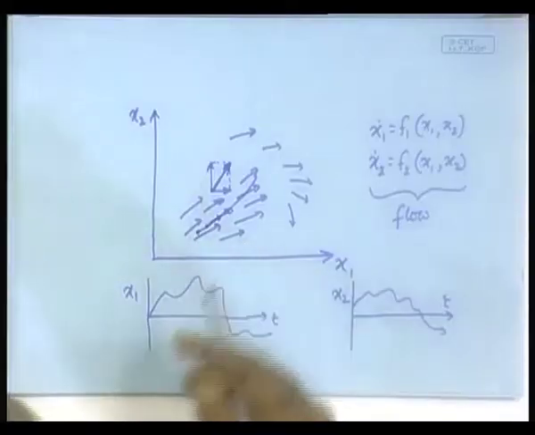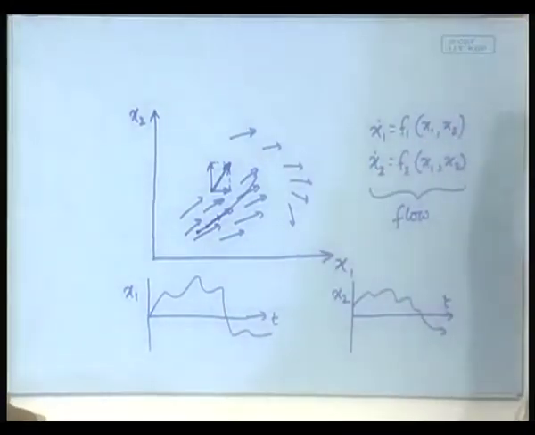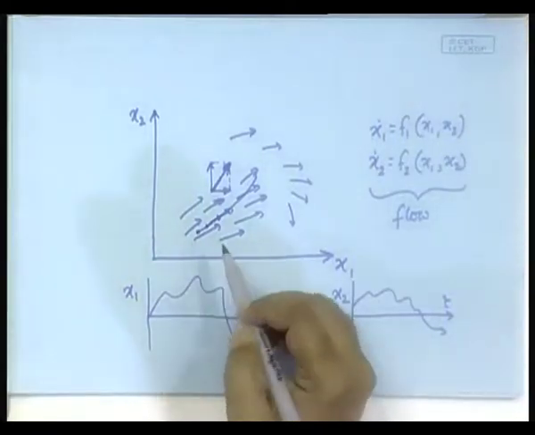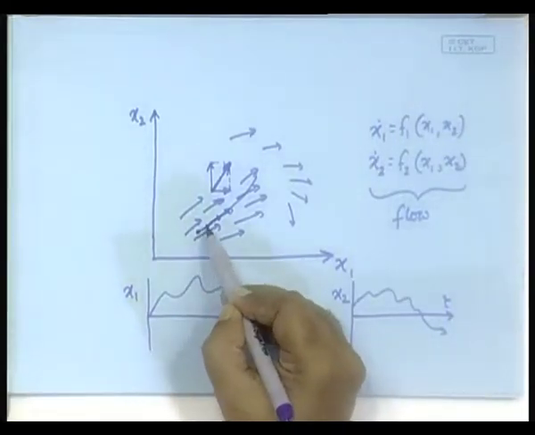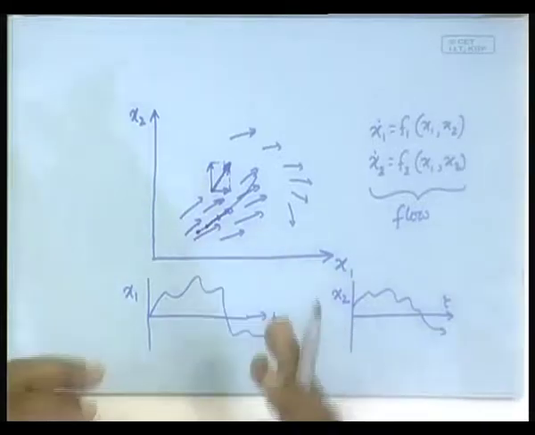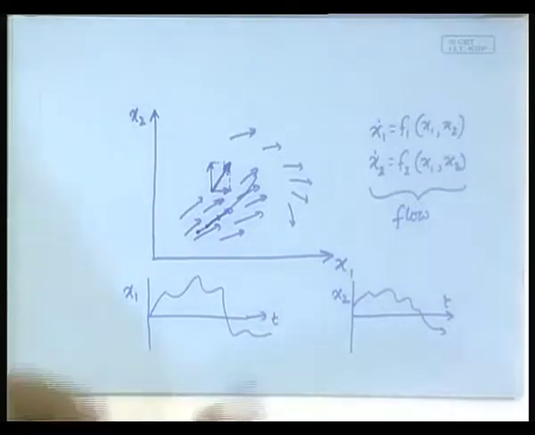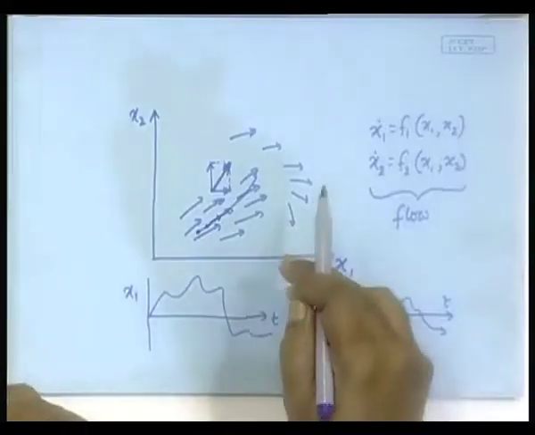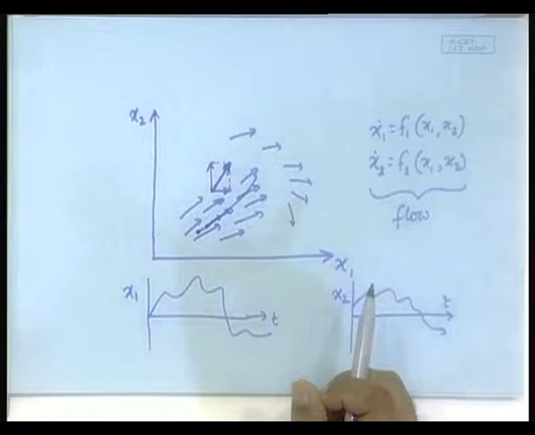Yes, that is the simple thing that you can do, and that is what is actually done in many cases. The only problem is how big a step do you take, and there is obviously the underlying assumption that while you take this step from here to here, the vector actually does not change. So, you have tacitly made the assumption that in that step length the vector does not change much, but it could.